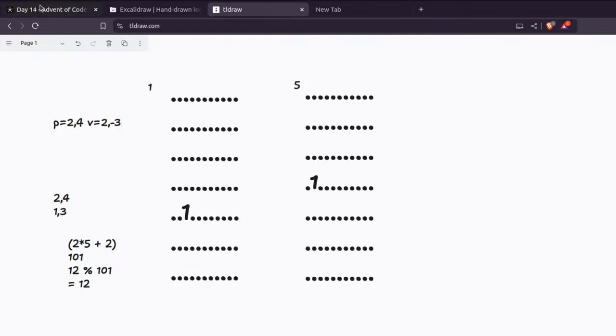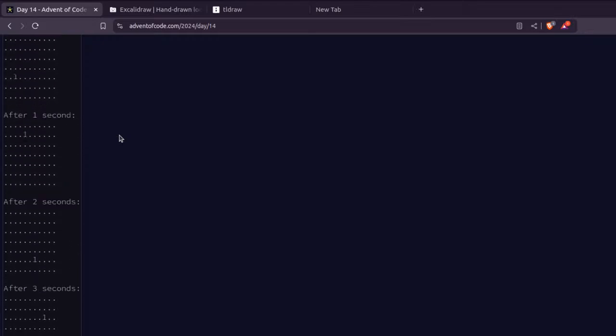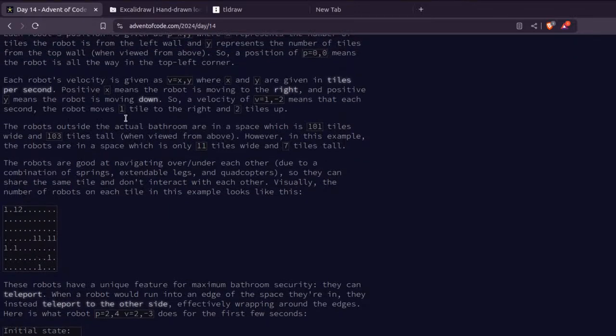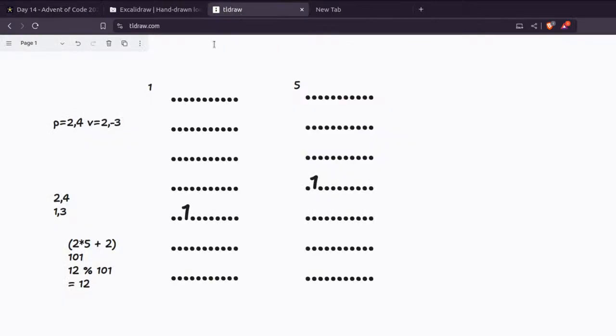Is the boundary given here? Like it was 7 and 11 tiles. Oh, okay. Do we mod it with 7, sorry, 11? Then we get 1. No, is it 1?